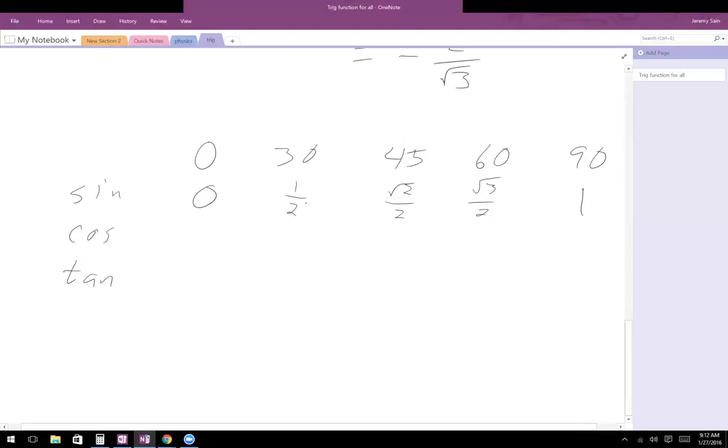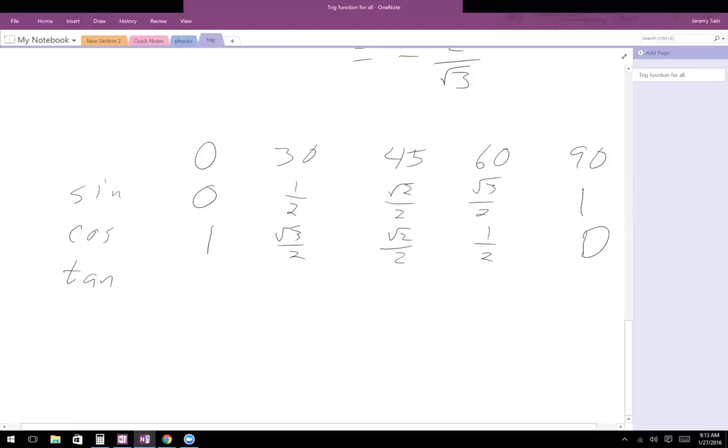So it's like root 1 over 2, root 2 over 2, root 3 over 2, root 4 over 2. Okay. And then if you remember the sine, you can remember the cosine because it's just backwards. So it's 1, and then root 3 over 2, root 2 over 2, 1 over 2, and 0.